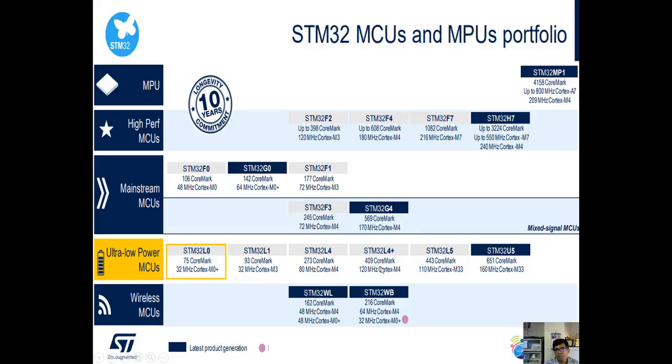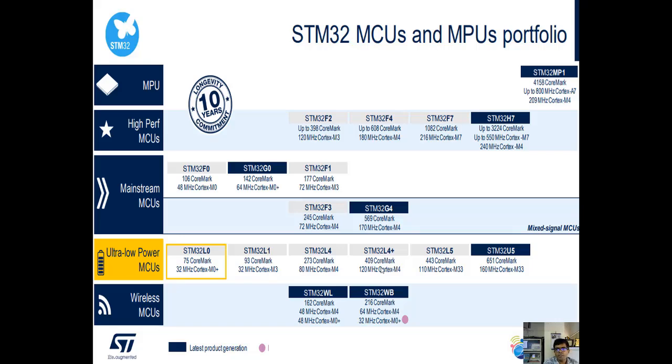Now, ST Microelectronics is a popular vendor with widely available microcontrollers, and there are so many series available. As part of our course, we'll be using development boards from ST Microelectronics.